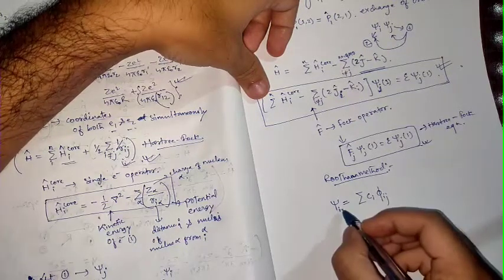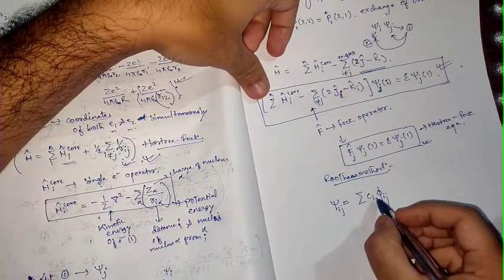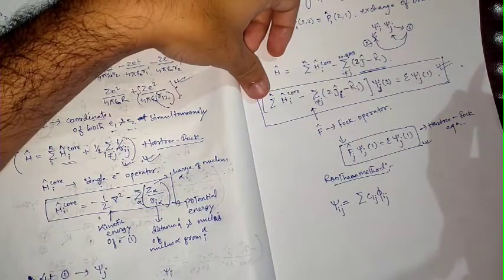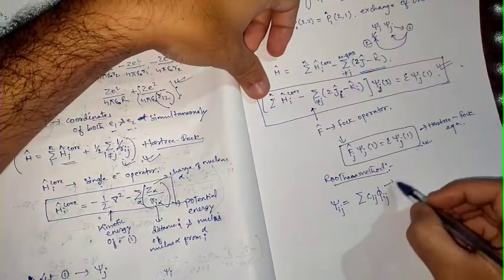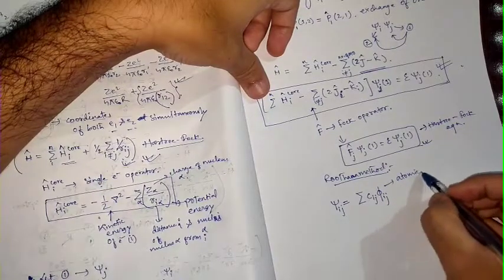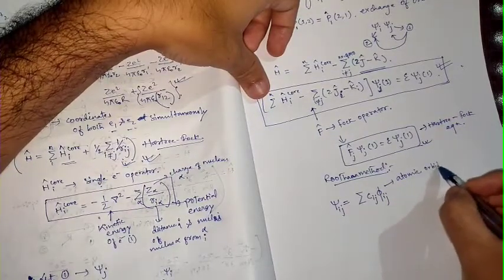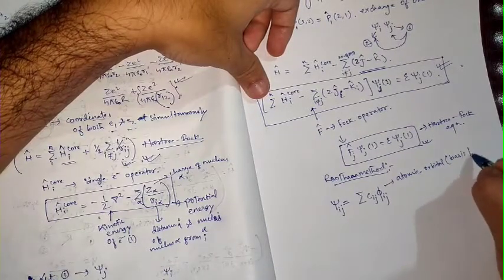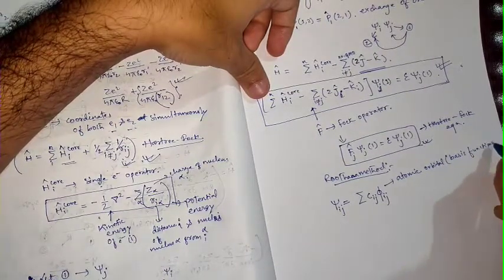This atomic orbital is here known as a basis function.